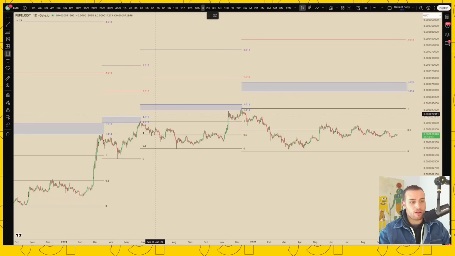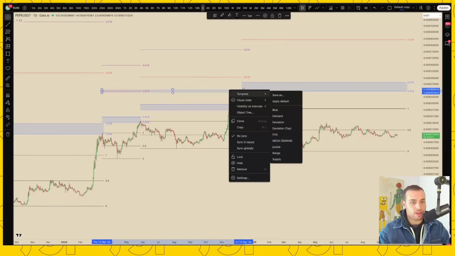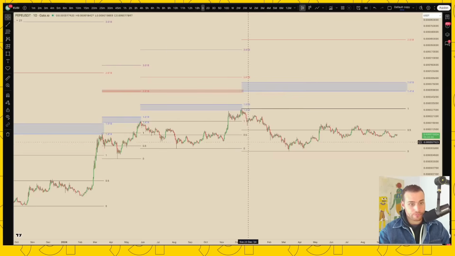But within all of that, you also have a 2618 from this little accumulation. You've got a 2618 that kind of intersects perfectly with your next, hopefully next, golden slot, right? See how that one intersects, right? So that could be a very interesting level, some fib confluence there.